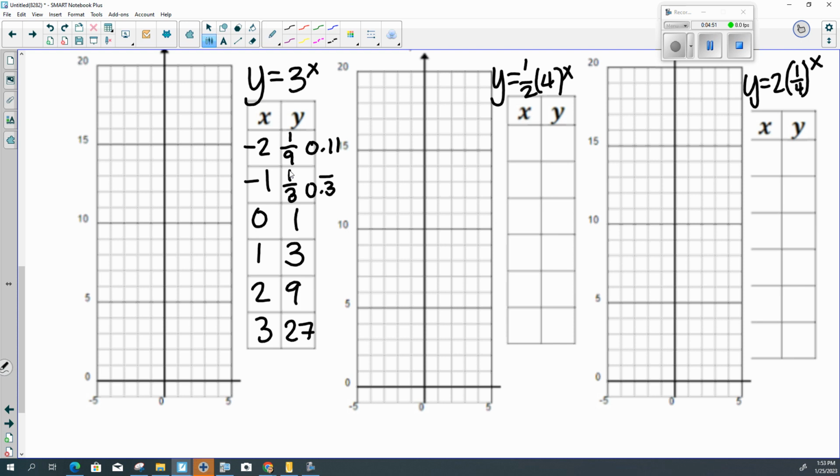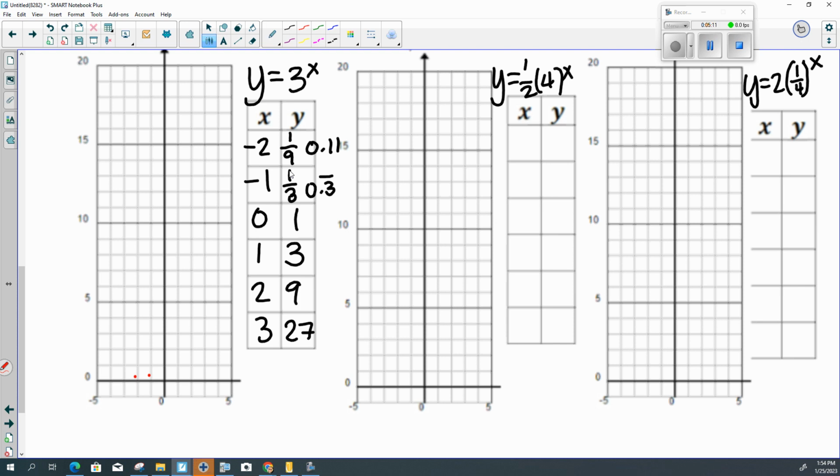Okay, graphing this. -2 at 0.1 is just almost on the line. -1 at 0.3 is barely above it as well. And it's supposed to be like that. The one thing to mention is it will never cross the x-axis.